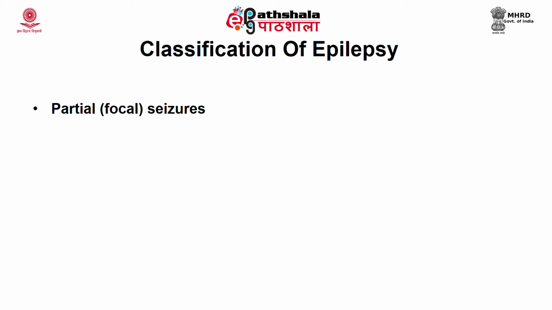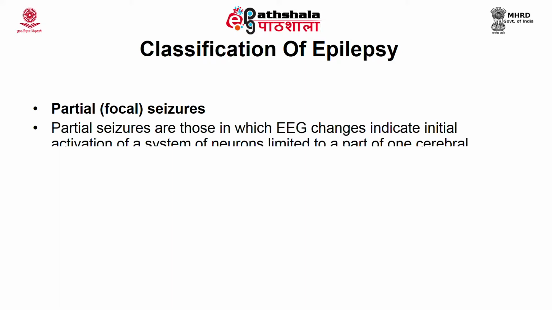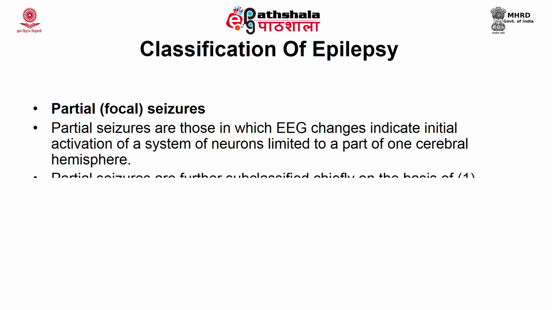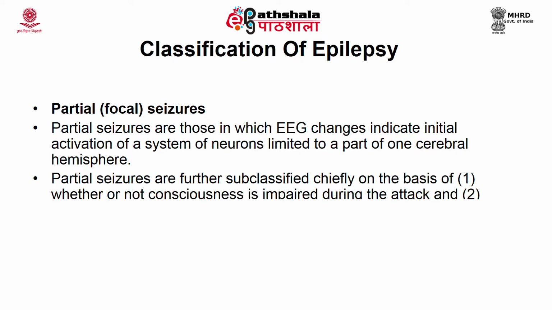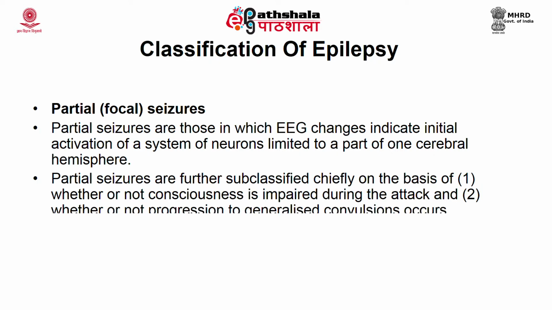So, in the focal area, which is also called partial seizures, the changes happen only in a limited part of the cerebral hemispheres. In this, the patient may or may not lose consciousness, and it might be possible that the epilepsy attack may spread to other areas.